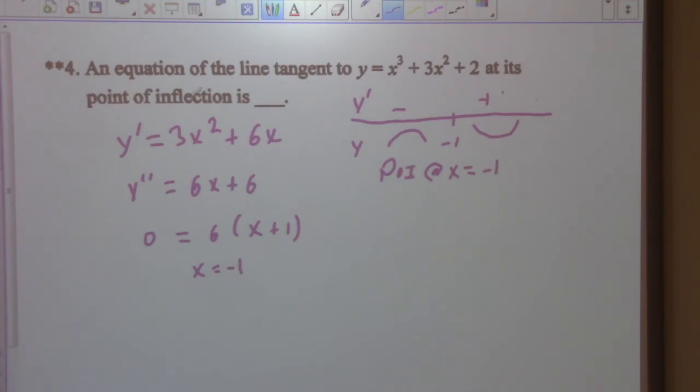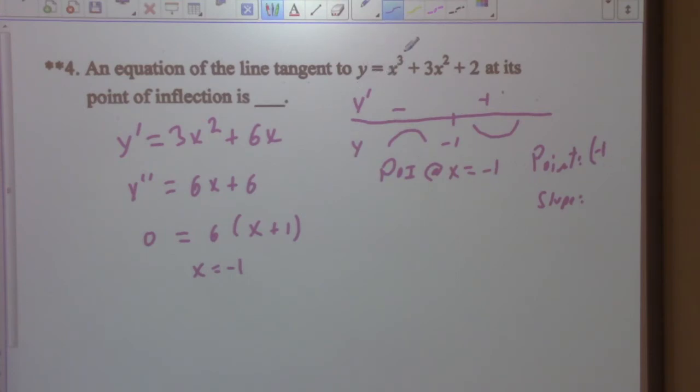Next, what do we need to find? We need to find a point and a slope, right? So negative 1 is going to be your x coordinate.